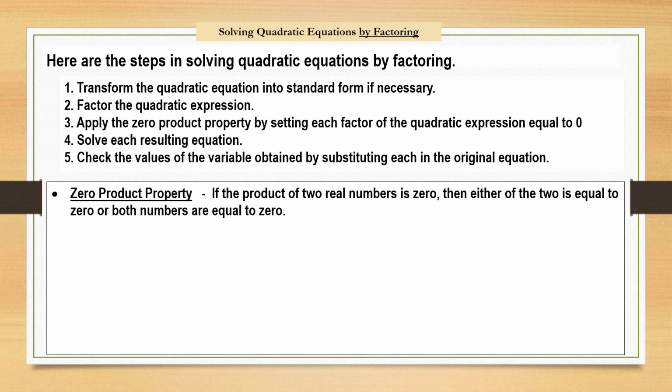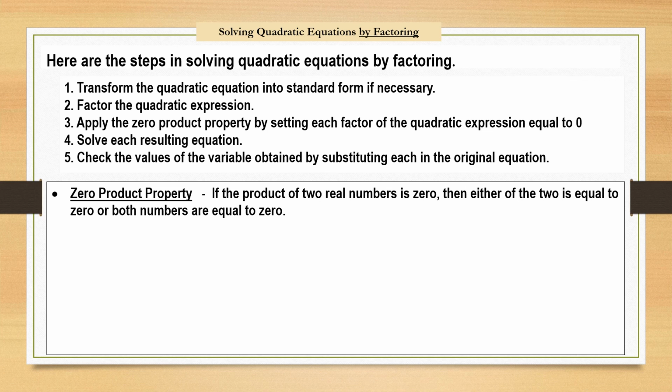Factor the quadratic expression. Step 3. Apply the zero product property by setting each factor of the quadratic expression equal to 0. Step 4. Solve each resulting equation. Step 5. Check the values of the variable obtained by substituting each in the original equation.